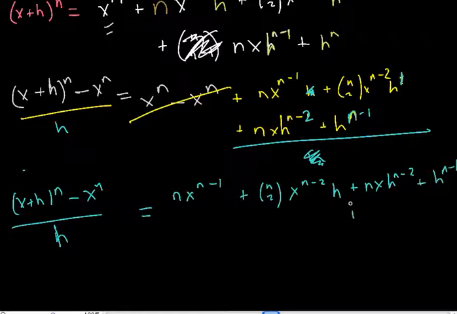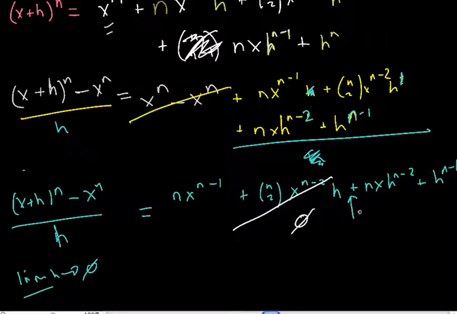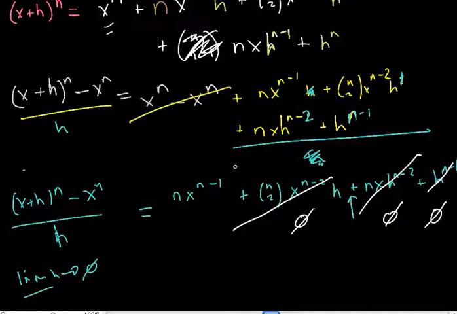And actually there's a bunch of terms in between here, but they all have h's in them. And what we really want to do is take the limit as h approaches 0. So basically all the terms that have h in them, I'm just going to plug a 0 in for h. And all these guys go to 0. All the h terms cancel out and they get 0. So the only thing I'm left with is this guy, n times x^(n-1).